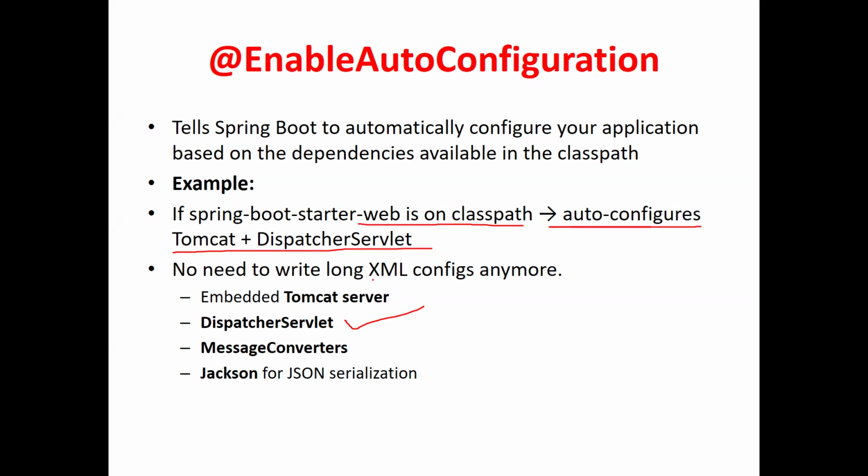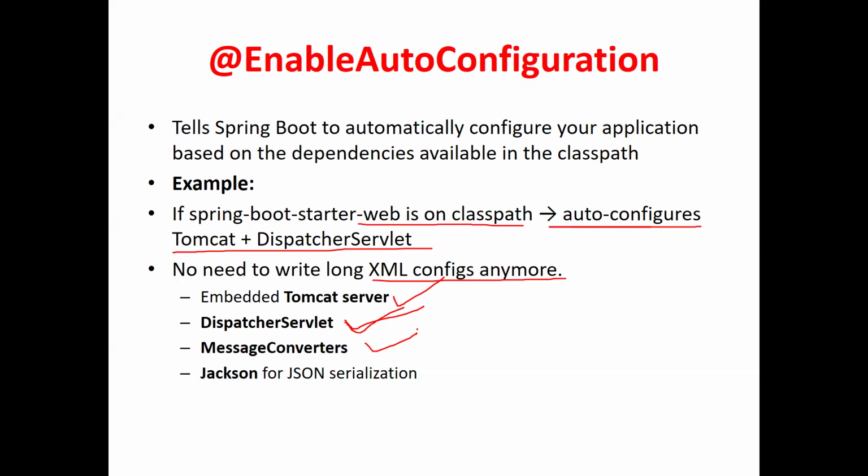No need to write XML configurations anymore. It will be an embedded Tomcat server, and the dispatcher servlet will be configured. Message converters also will be there, like serialization and deserialization. You are sending a request in the form of JSON data; I want to convert it to an object, and again object to JSON.